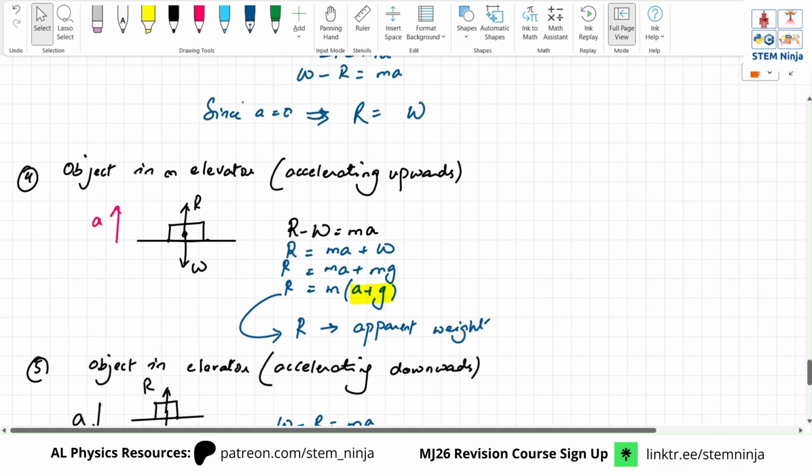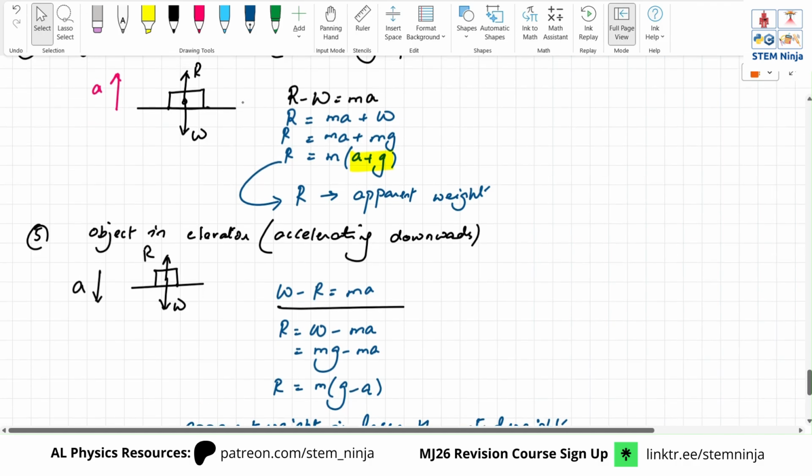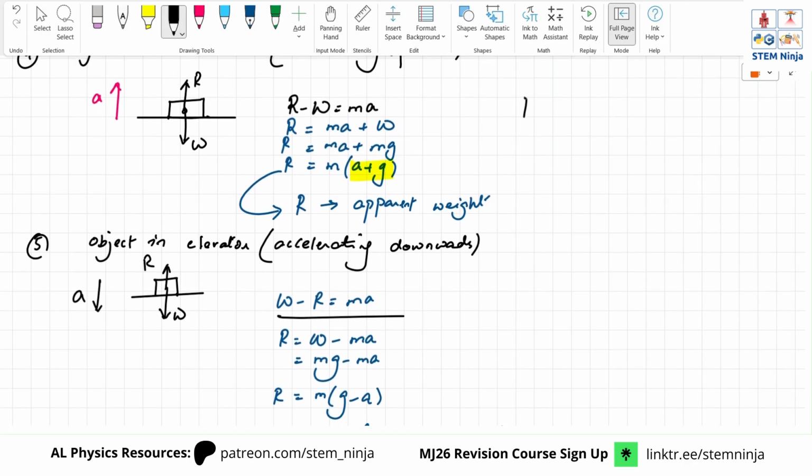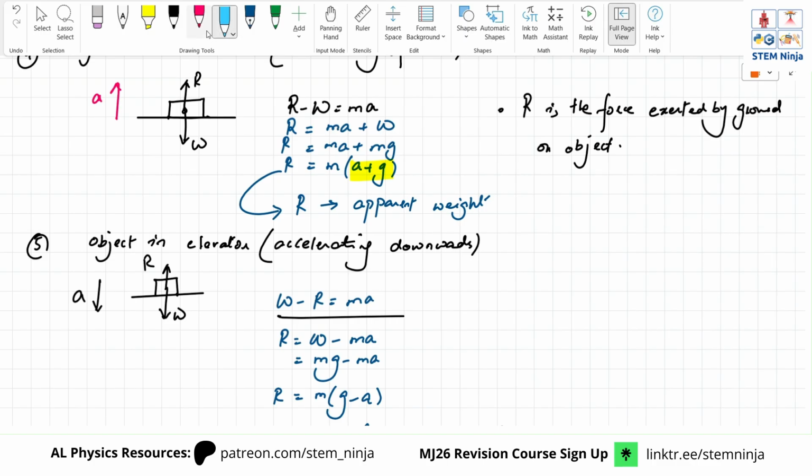However, in all these scenarios, you have to remember that R is the force exerted by ground on object. But there would exist a force downwards also on the ground, or not on the object, on the ground.